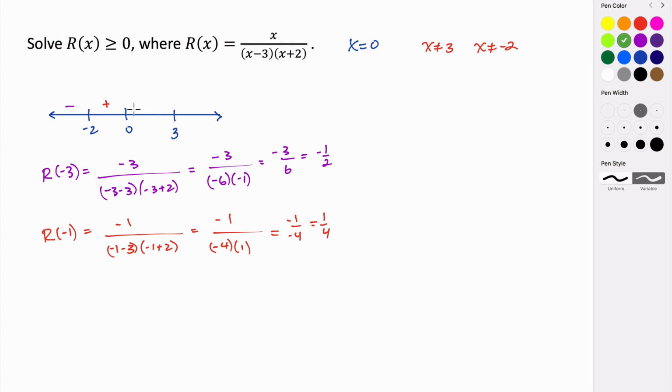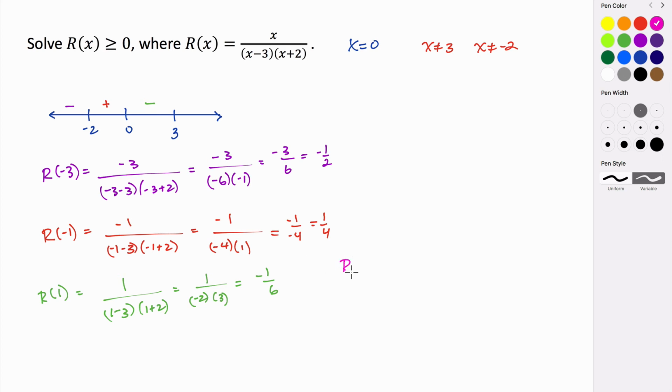Let's try a value in between 0 and 3, maybe just positive 1. So what is r of 1? We have 1 divided by (1 minus 3) times (1 plus 2), which is 1 divided by negative 2 times 3. That's going to give me negative 1/6. So that means it is negative on that interval. Then pick a value to the right of 3, maybe 4.